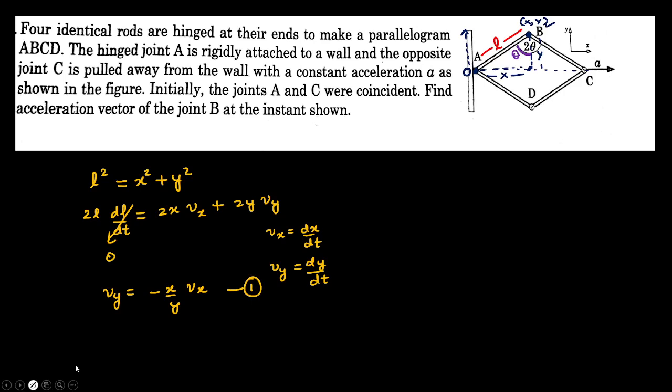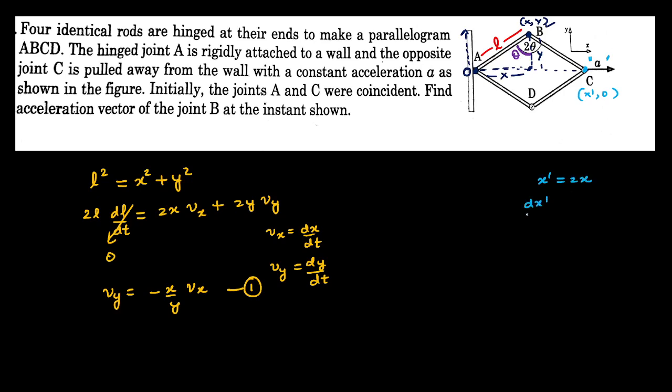Let me name this equation 1 and we'll see if we have any use for this equation. Now to connect with the given information, they have given that point C is moving to the right with an acceleration A. From our coordinate system approach, suppose point C has coordinates x dash comma 0, then the distance from A to C is x dash. So x dash is equal to 2 times x.